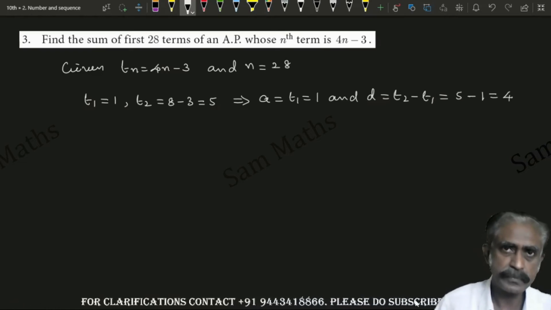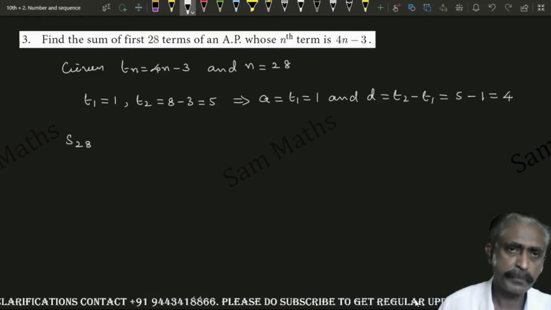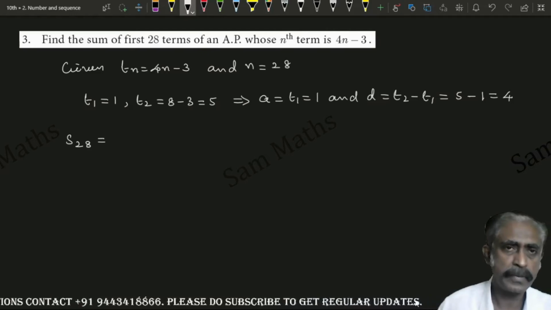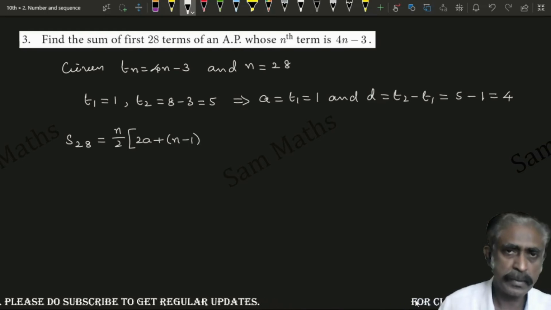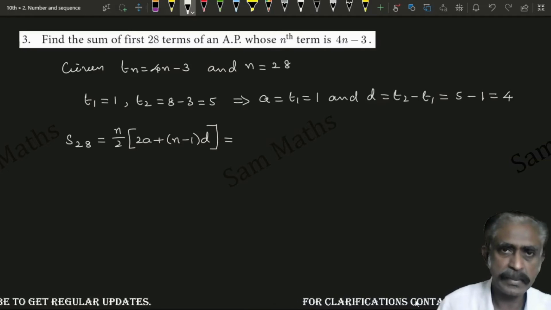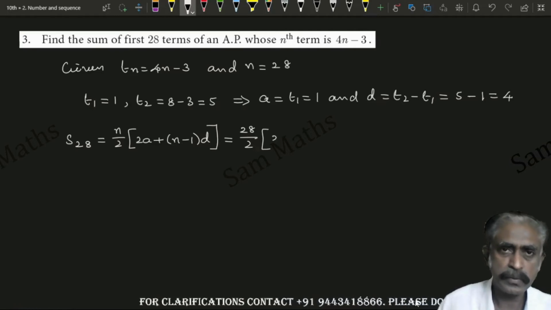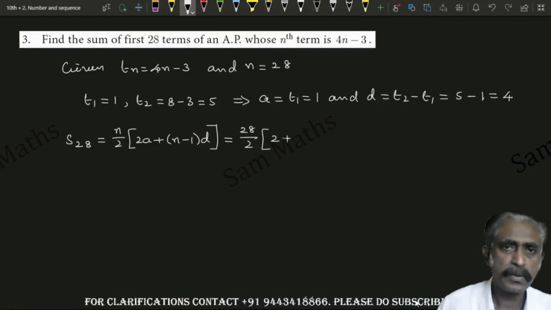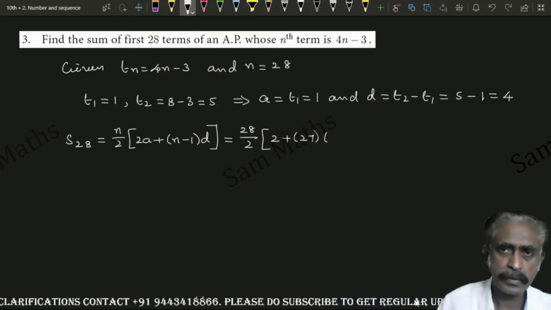Now we can find S28, which is equal to, you know the formula, n by 2 into (2a plus (n minus 1) into d). This is equal to, n value is 28. So 28 by 2 into (2 into 1 is 2, plus (28 minus 1), that is 27 into 4).